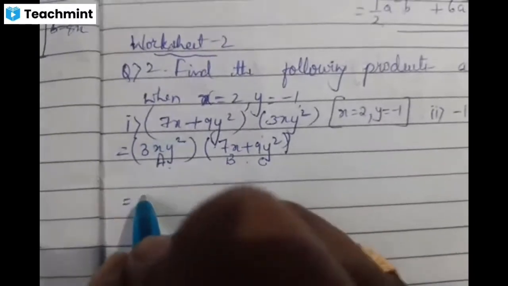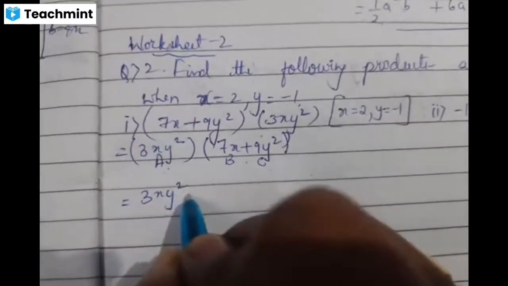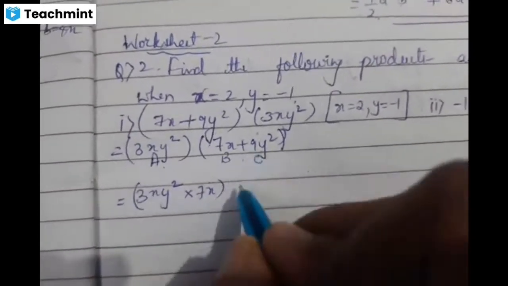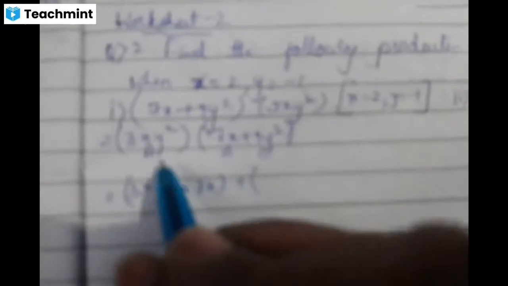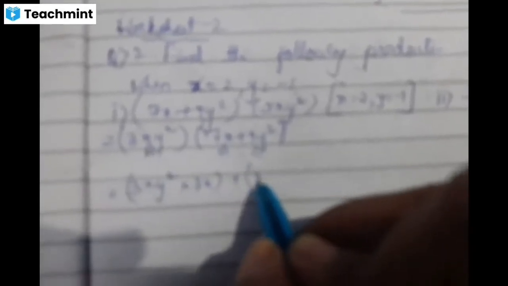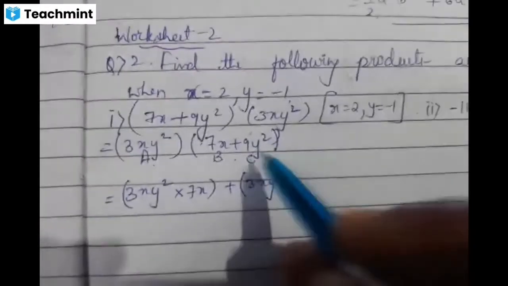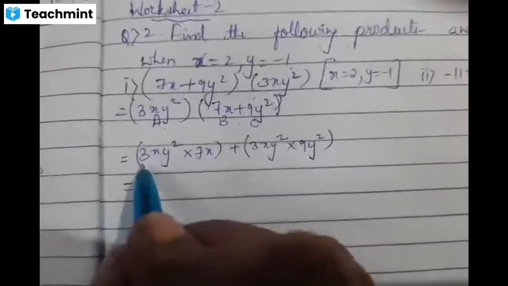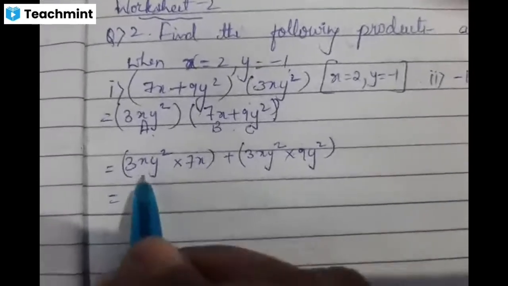So what I am going to do? 3xy square into B, that is 7x, put it in the bracket, plus sign as it is, into 3xy square. 3xy square into what is the next term, children? 9y square. So A into B plus A into C. Now we know how to group monomial with a monomial. 3 into 7, 7 3s are 21.